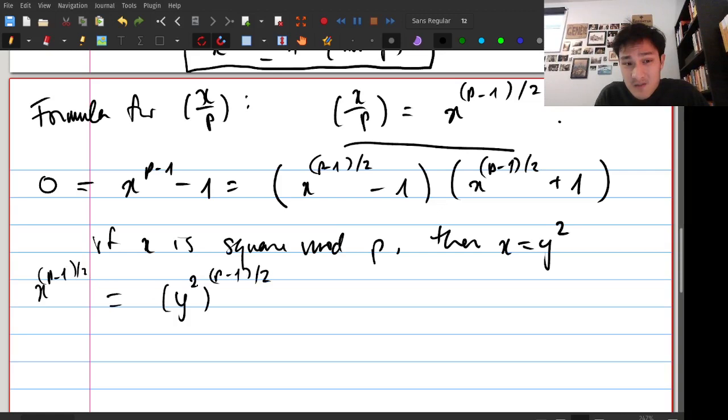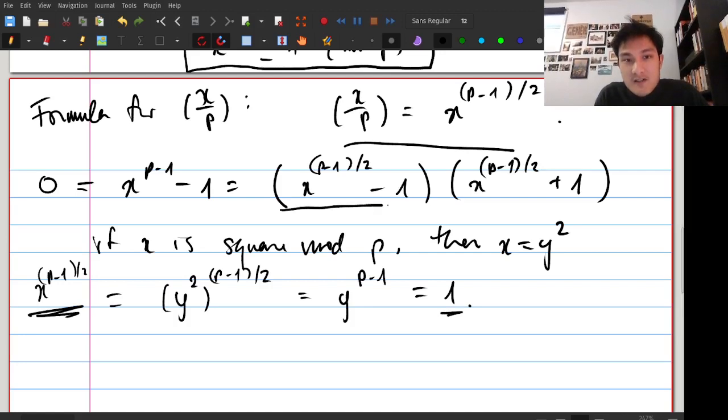But now the 2 and the other 2 cancel out, so that's equal to y^(p-1), which we know is 1. So if x is a square mod p, then this thing is equal to 1, which means this first factor is 0.